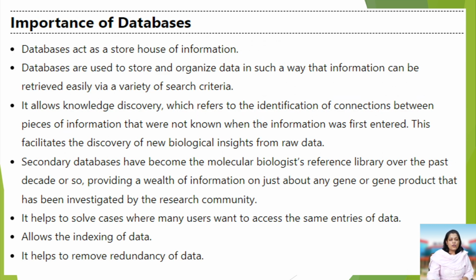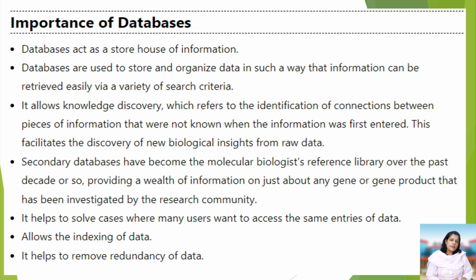So what is the importance of databases? All these databases which I have described are classified on the basis of their sources, that is primary databases, secondary databases and composite databases. But there are also different types of databases depending on their nature. There are two types: sequence databases and structural databases.